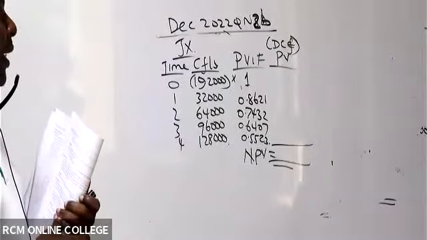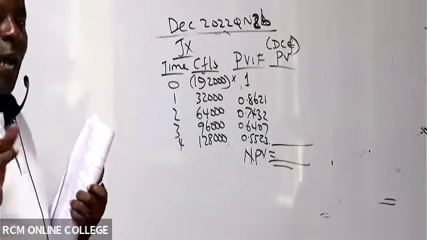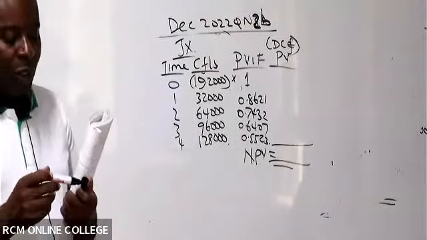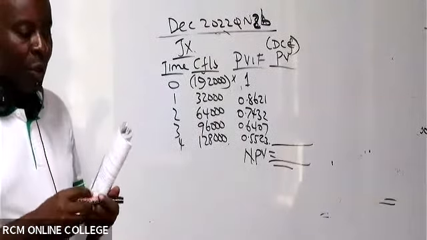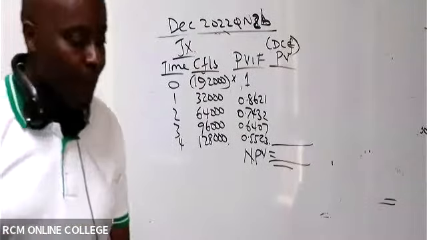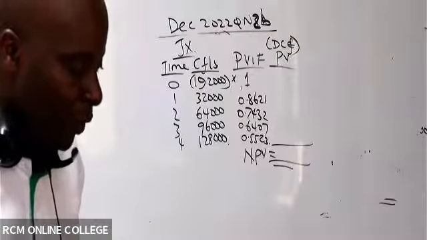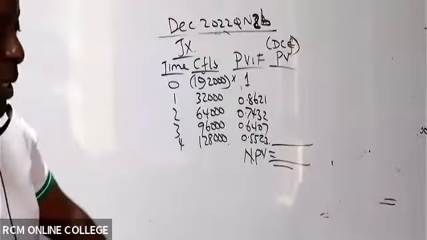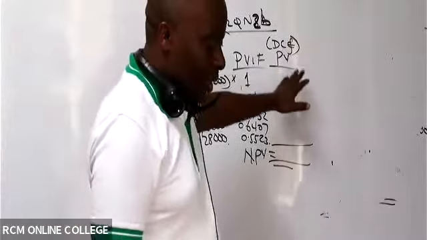So remember, if that NPV, the first one, was negative, the project is not viable. If it's negative, we shall say that the project is not viable. So Maggie, is this the summation of everything?